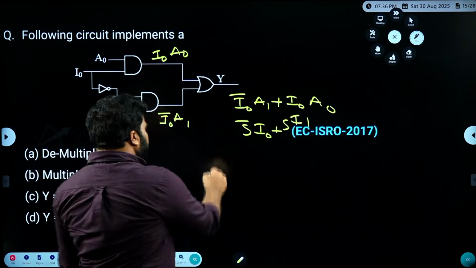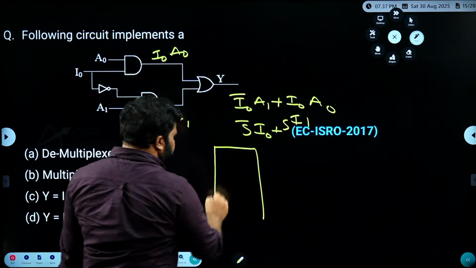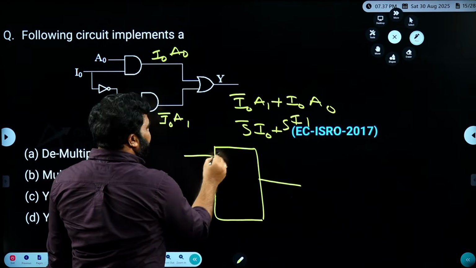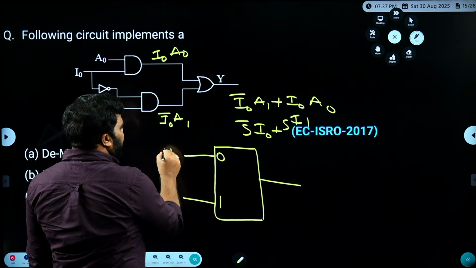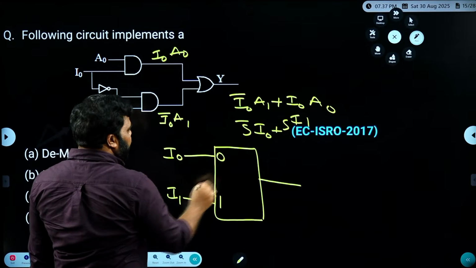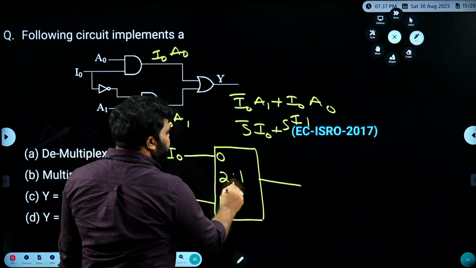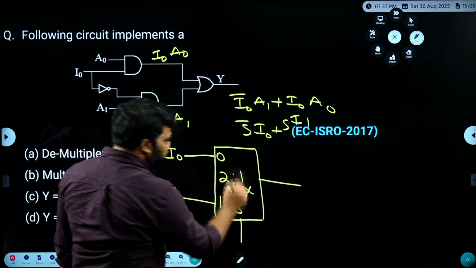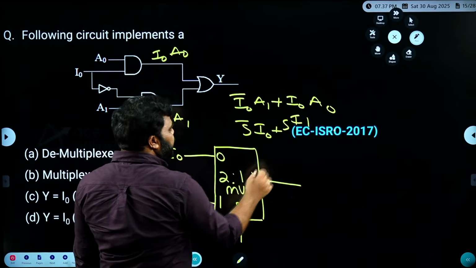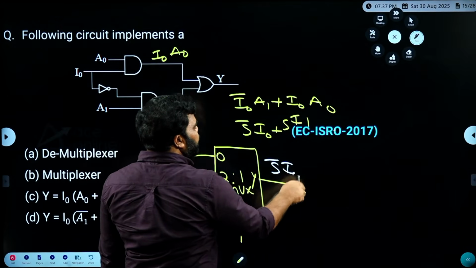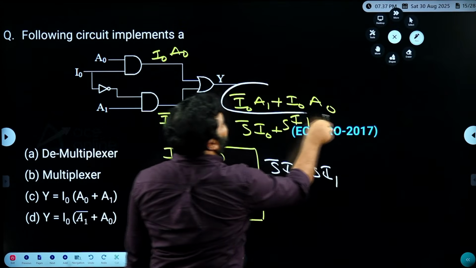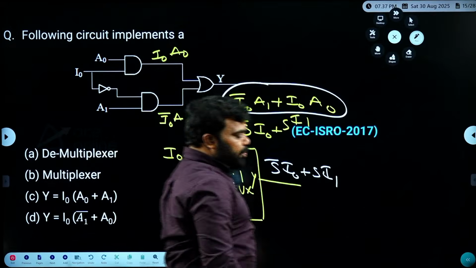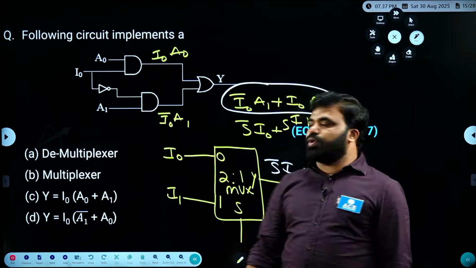So a 2:1 multiplexer functionality, if you are observing correctly, if one signal is 0, another signal is 1. So let me say it is I naught, it is I1, a 2:1 mux, and here we have a select line. So what is the output expression? Y equals S bar I naught plus S into I1. This expression is also resembling that.